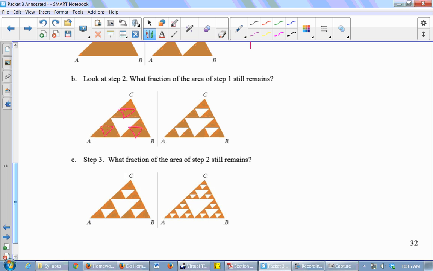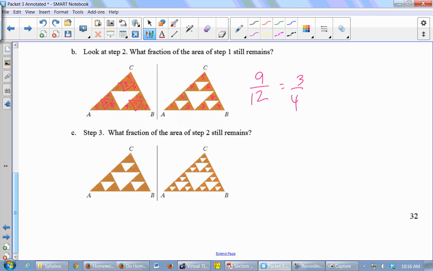If I throw 3 of the 12 away, that means I'm keeping 9/12, which is 3/4. Right, so I had 12 little triangles, and 9 of them remained, which means I kept 9/12 or 3/4 from the previous step.